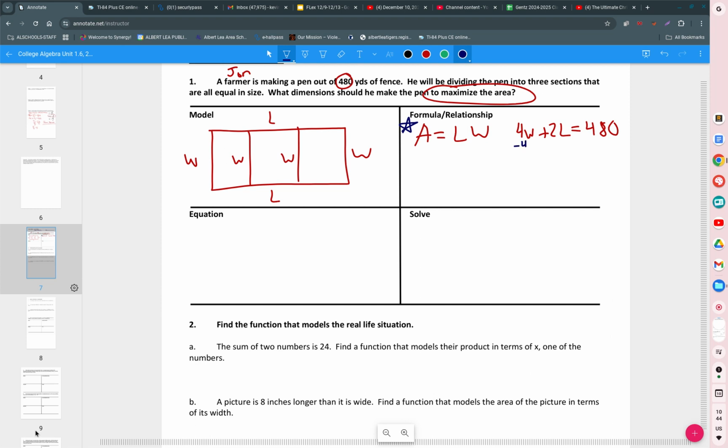If I subtract 4W from both sides, I get 2L is equal to 480 minus 4W. And then if I divide by 2, I get L is equal to 240 minus 2W. Now that I know what L is, I can take it and substitute it right in for L right there.